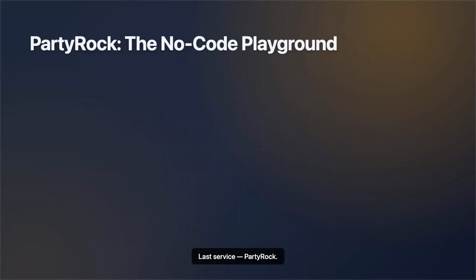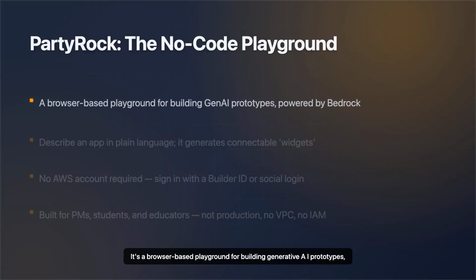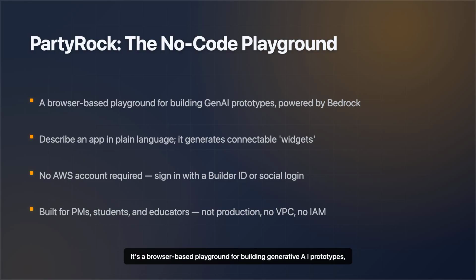Last service, PartyRock. It's a browser-based playground for building generative AI prototypes, and under the hood, it's powered by Bedrock. You describe an app in plain language, and PartyRock generates a working prototype out of connectable widgets, a text input widget, a text generation widget, and so on.